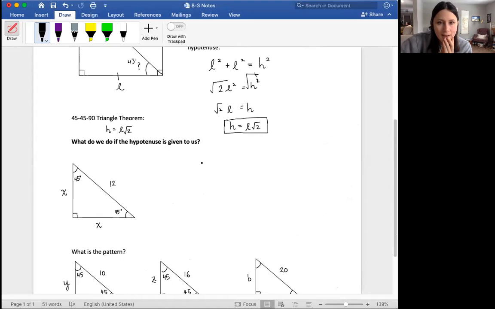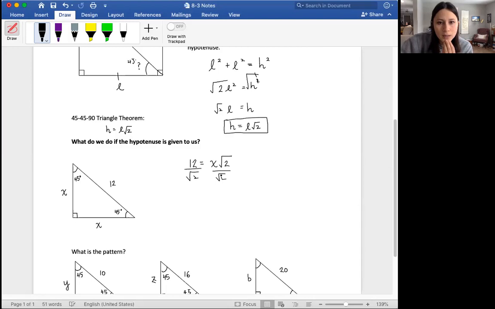Basically, we know that 12 equals x times radical 2, right? So we can work backwards to solve. So if I'm multiplying by radical of 2, I'm going to divide by radical of 2.